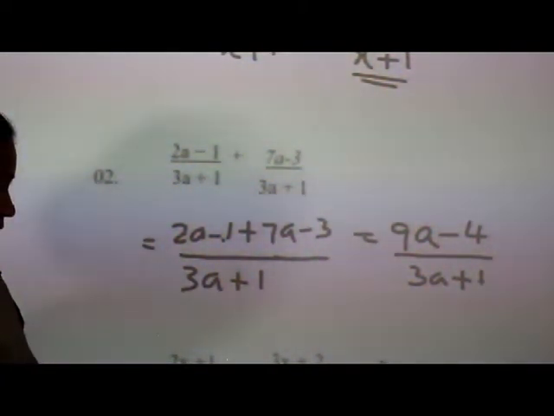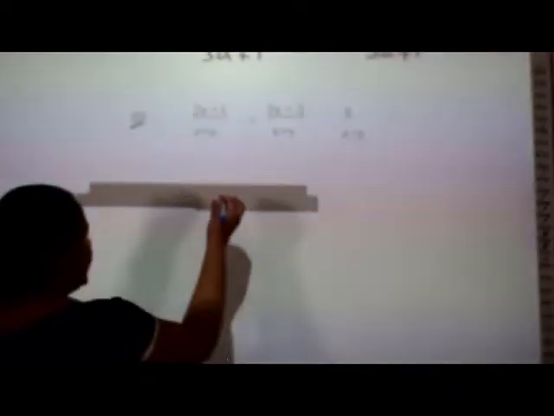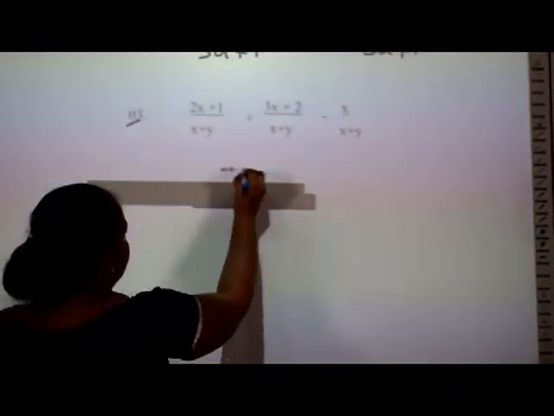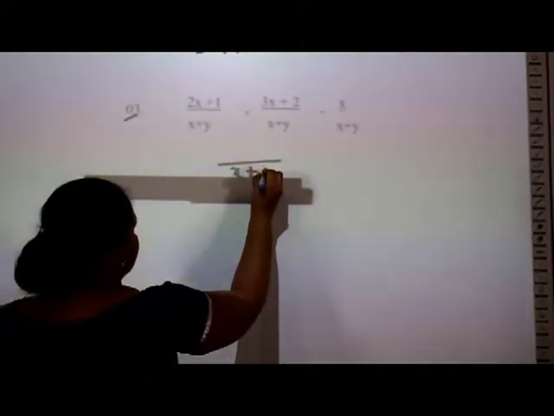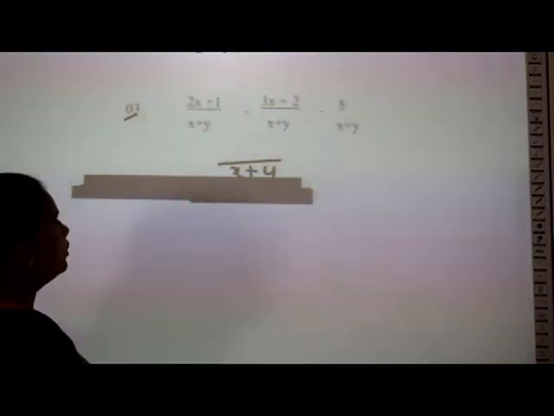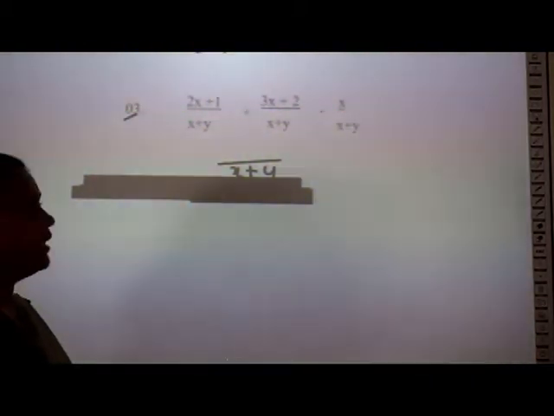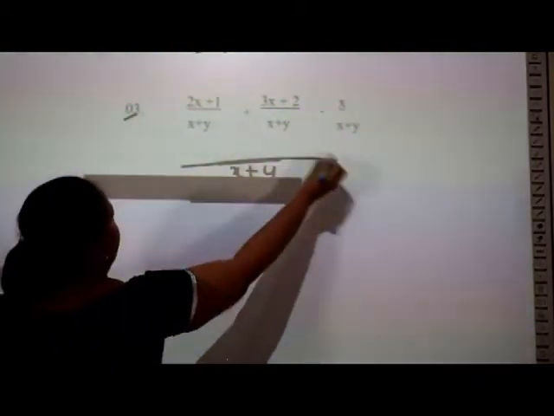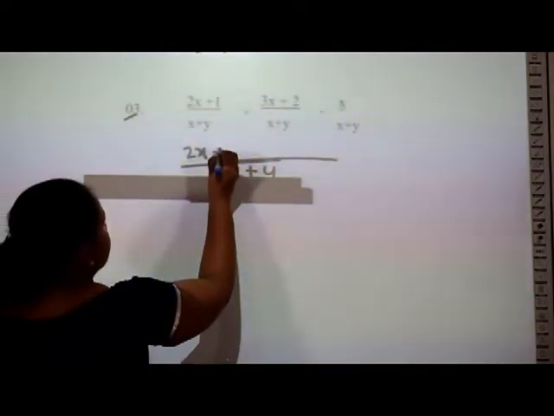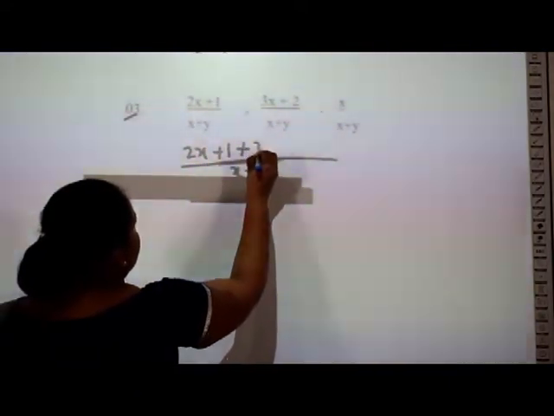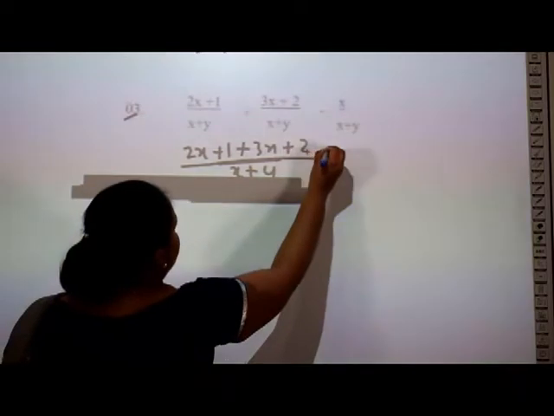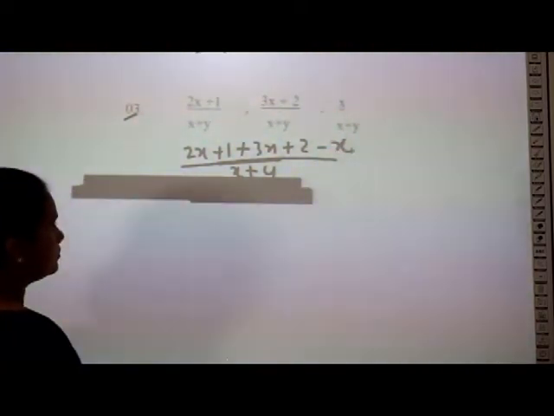Let's see the next one. The denominator part is equal, and it is an algebraic expression. So we can take the common denominator x plus 1. Now you can add the numerators: 2x plus 1 plus 3x plus 2 minus x.